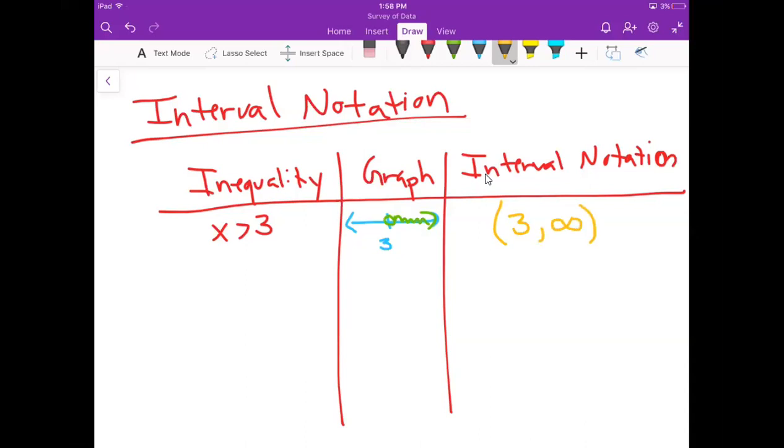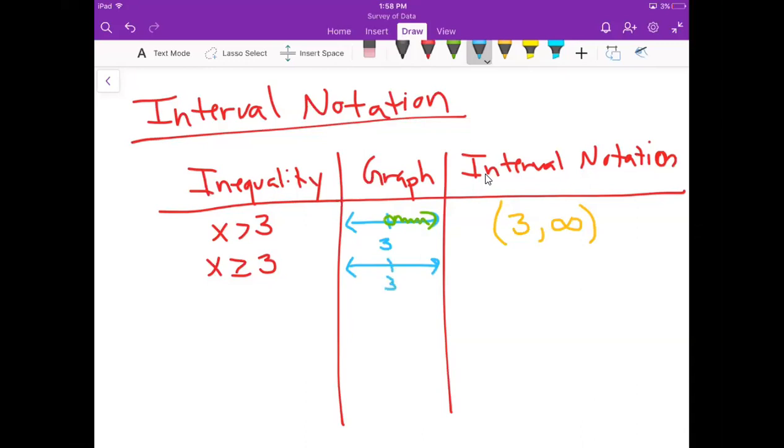Now, interval notation isn't always made up of parentheses. It can also be made up of brackets. And you'll see a bracket when you can be a number. So let's put an equals sign underneath that inequality. When I graph it, the interval notation is going to change as the graph changes.